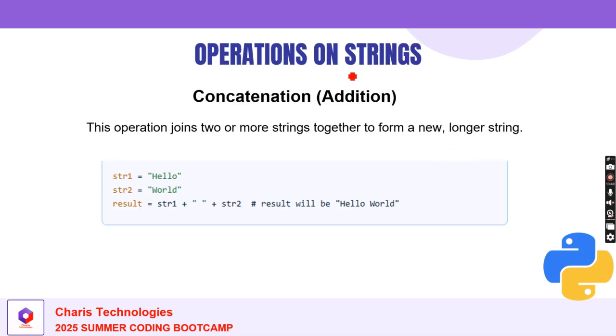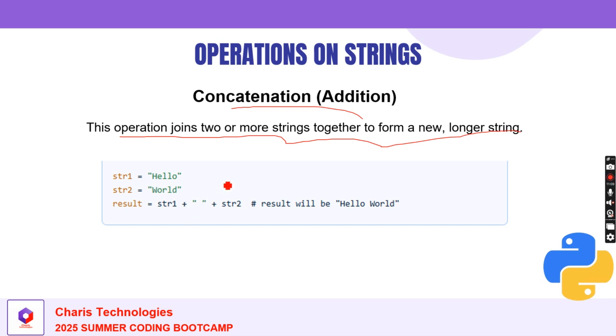Now, what are the things you can do with strings? The operations you can carry out on strings. We can do concatenation, which is also known as addition of strings. Concatenation joins two or more strings together to form a new longer string. For instance, if you have a string hello and you have another one, world, and you use the plus sign.